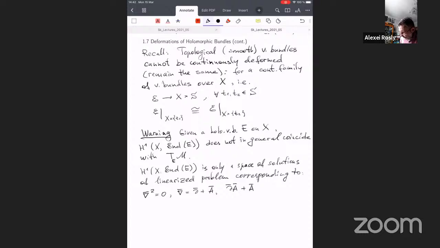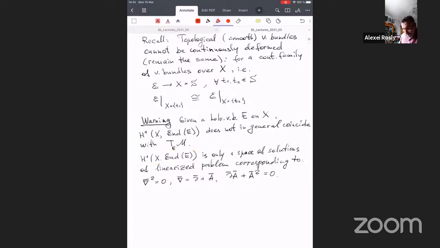So it is clearly nonlinear. When we linearize, we come to the problem of finding elements of this cohomology group, as we discussed last time.